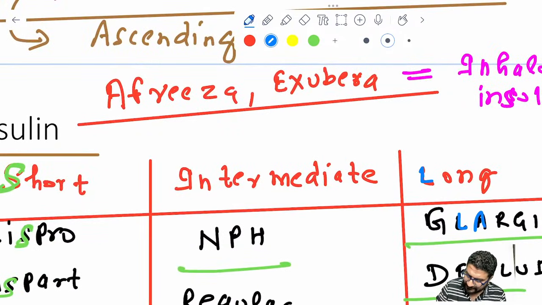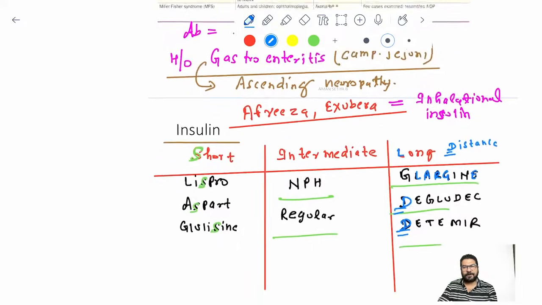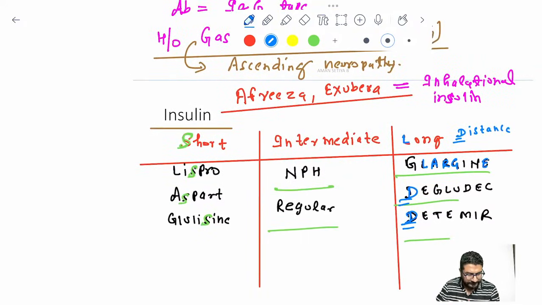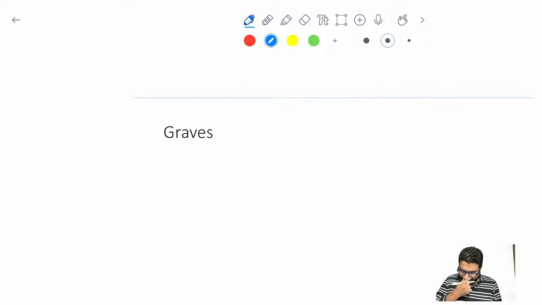So glargine has LARGE in it. And what is long? Long is distance. Longest distance. So D for distance, D for degludec, D for detemir. Simple. So they ask all are short acting except, or all are long acting except. So this is about the different types of insulin. Am I clear?